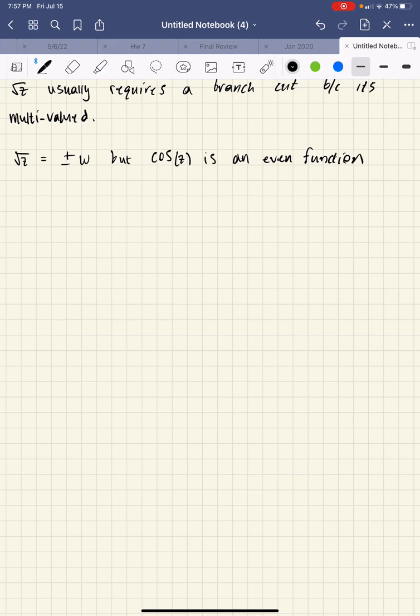So if we plug in square root of z, cosine of square root of z is cosine of w is cosine of negative w, where this is true because cosine is even. So in other words, the evenness of cosine fixes our multi-valuedness.